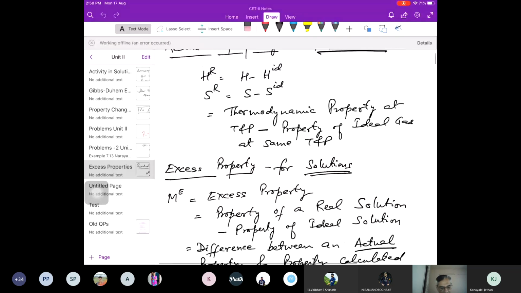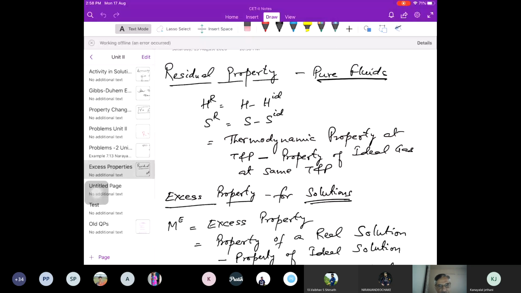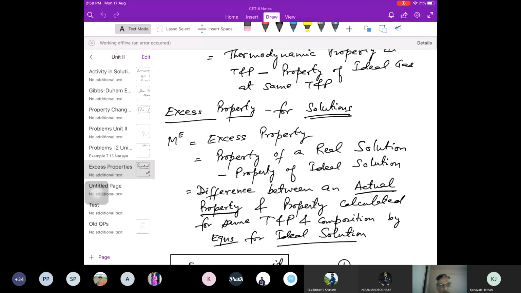Okay? So now along the same lines we introduce excess property for solutions. That was for pure fluids. Residual property was for pure fluids. Now excess property is for solutions. So we define any property M superscript E, the excess property, as property of a real solution minus property of ideal solution. Okay?